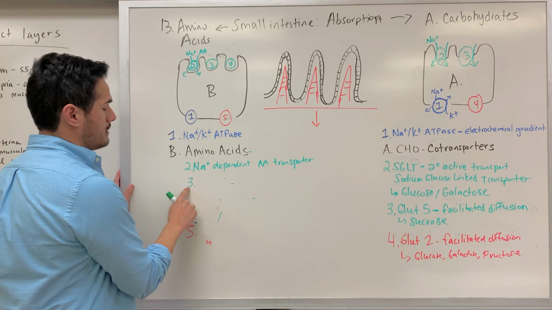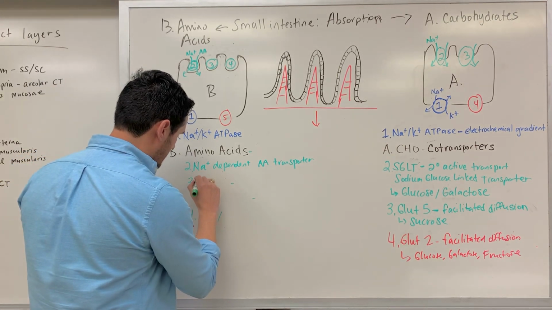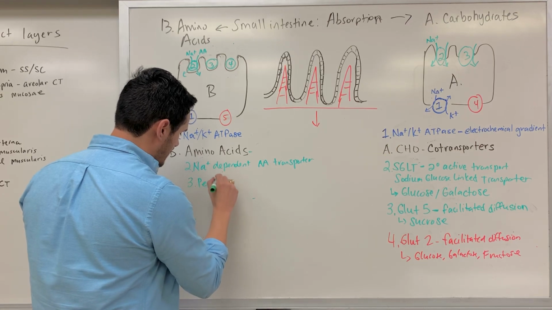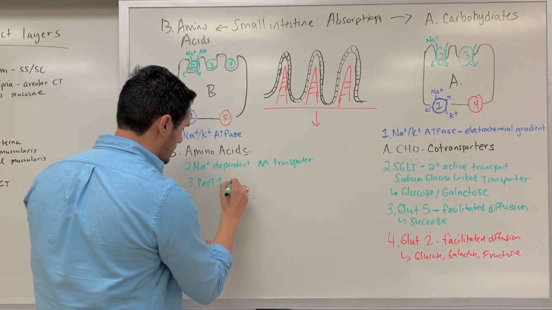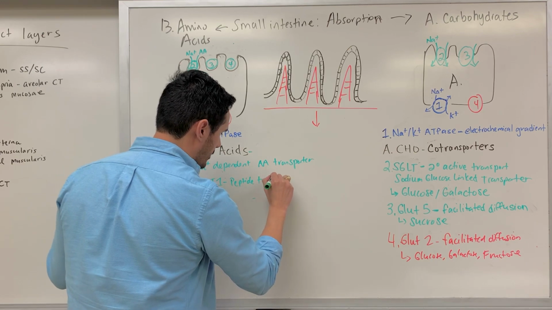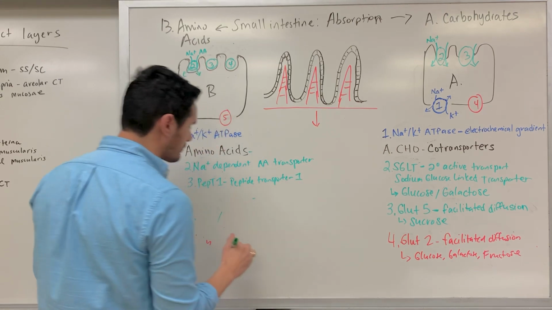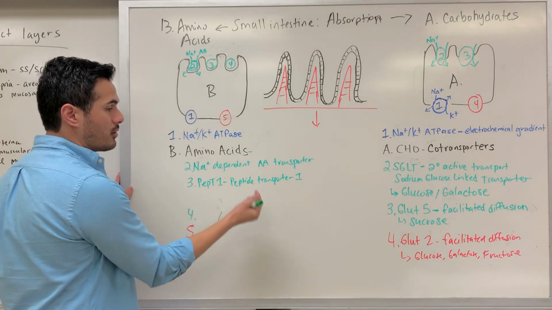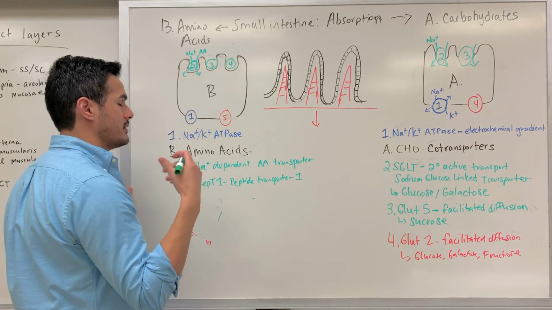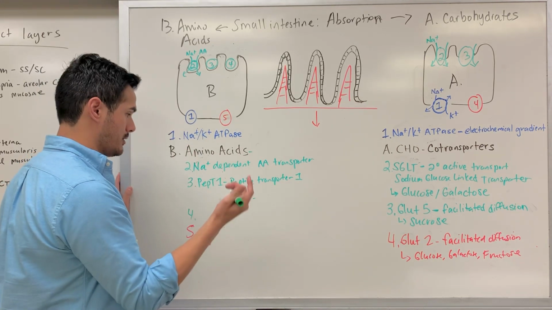Okay, well, what about number 3? Number 3 is a transporter known as PepT1. So this is Peptide Transporter 1. Peptide Transporter 1 typically transports either tripeptides or dipeptides. So tri is 3, di is 2.